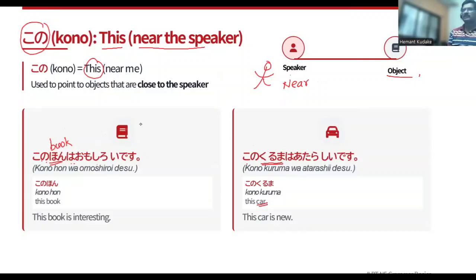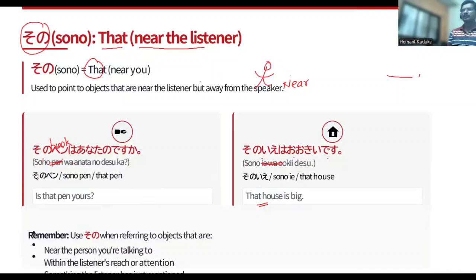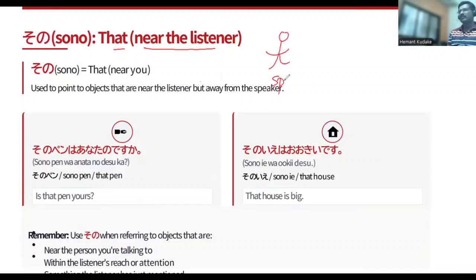Then let's talk about sono. Sono means that which is near to the listener. Let's suppose this is the speaker, and the second person is the listener.